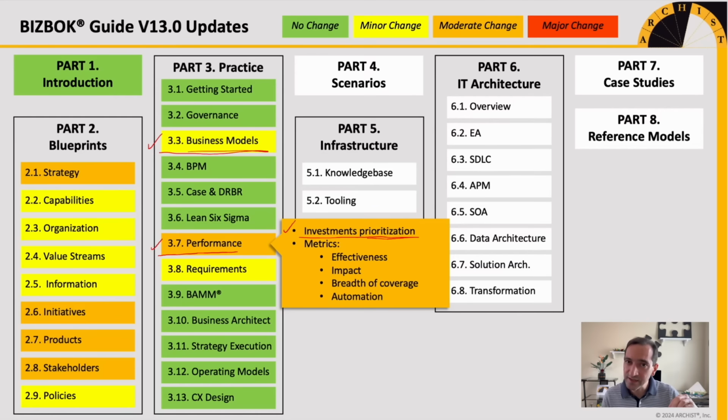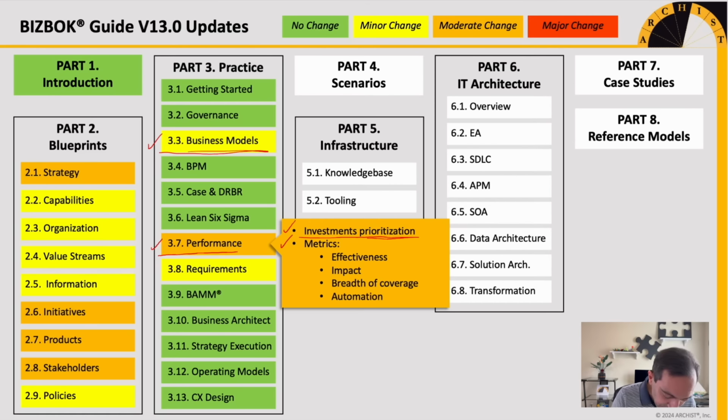We did touch on that a bit under the initiatives mapping, but we can also leverage the metrics and the performance measurement that we use as an input into the prioritization of different initiatives and investments in the organization. Again, it's really great to see this point added in the latest version of the BIZBOK guide, because that also elevates the value of business architecture supporting the investments and portfolio planning for the whole organization.